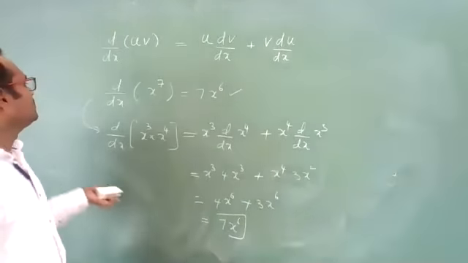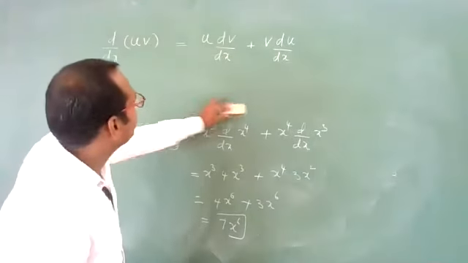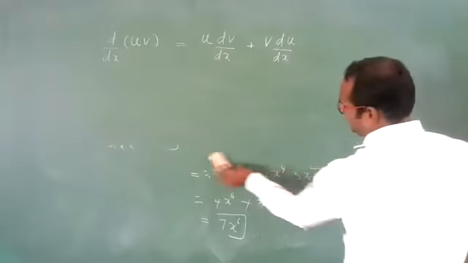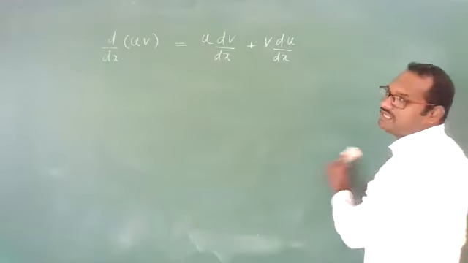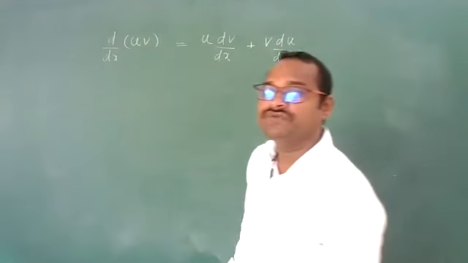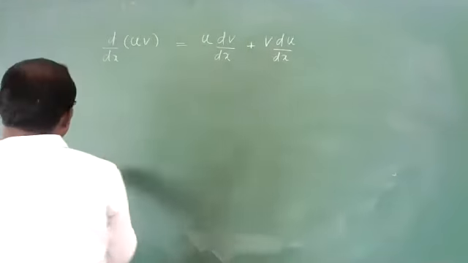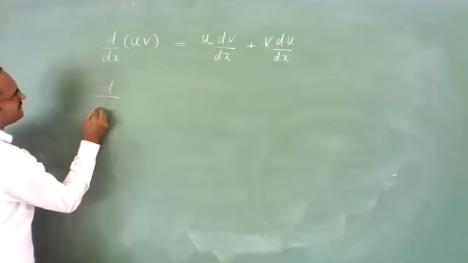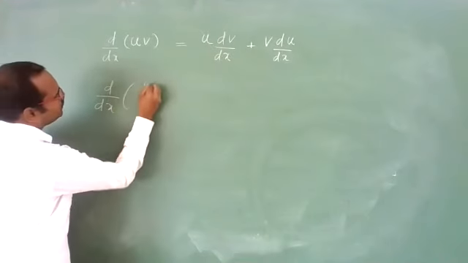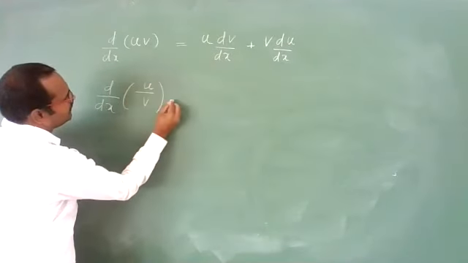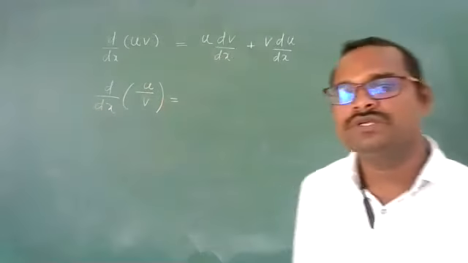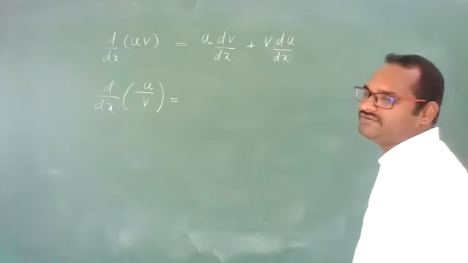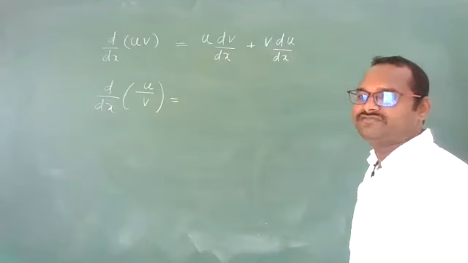Okay. Now, sometimes you will have a function as a division of two variables. Then what to do? Let us suppose you have d by dx of u divided by v. Then what will the answer be? Students, I am giving you the exact formula. Let us apply it with one example.